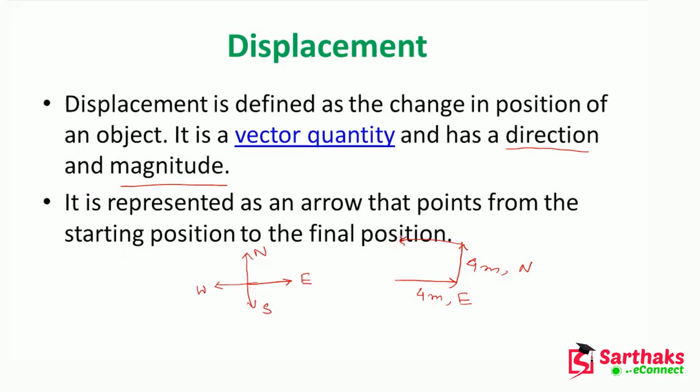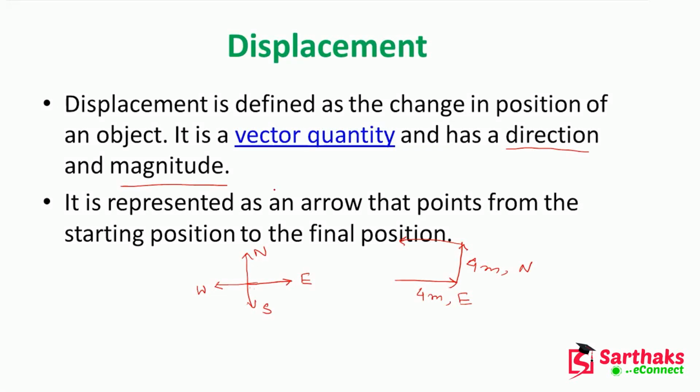That means the displacement should be defined in terms of direction and magnitude. It is very, very important. It is represented as an arrow that points from the starting position to the final position, right? That is very important.